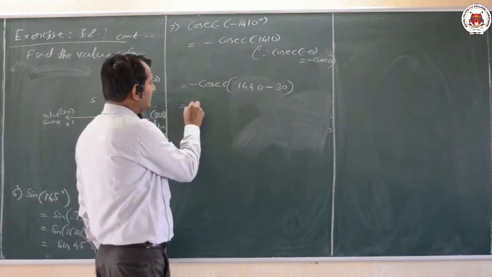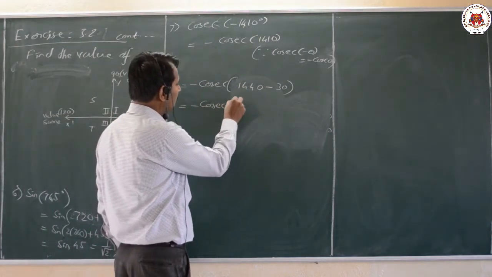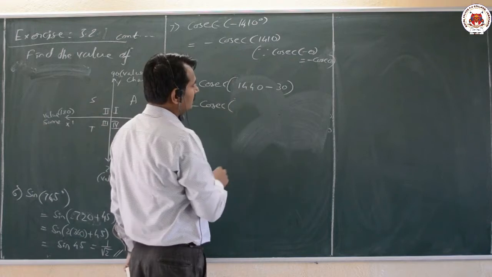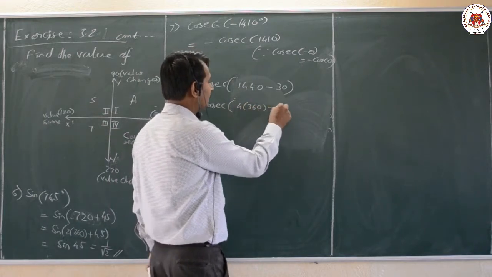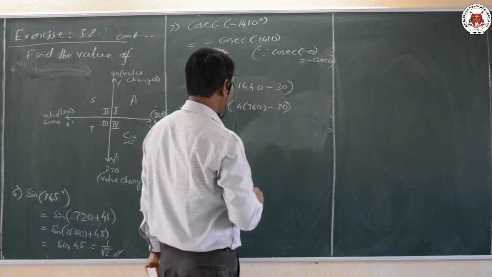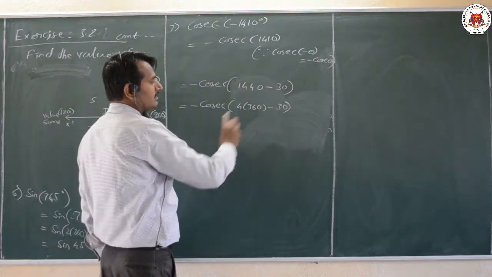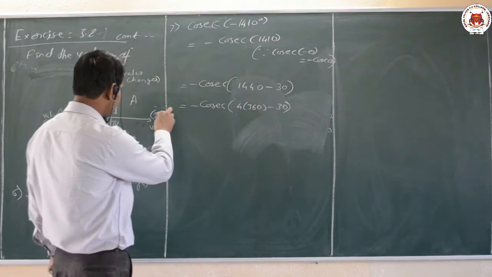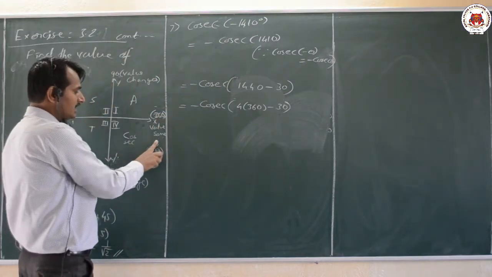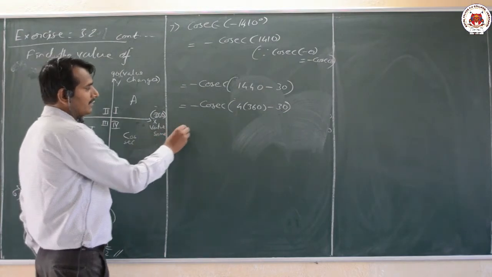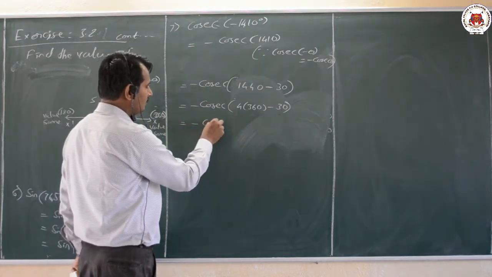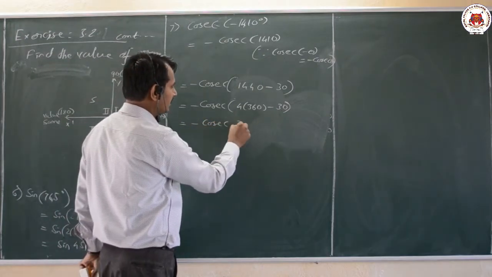So what we get here is minus cosecant of 1440, that is 4 into 360 minus 30. Now this implies 360 minus theta. 360 minus theta means again where does it come? That is the fourth quadrant, and here the value remains same, that is minus of cosecant of 30 degrees.